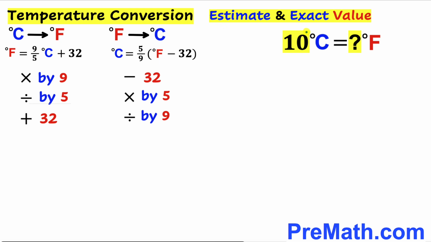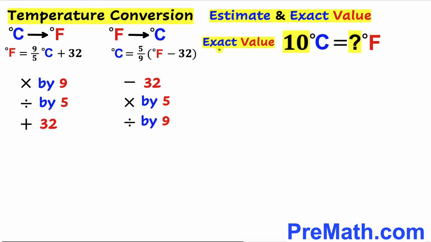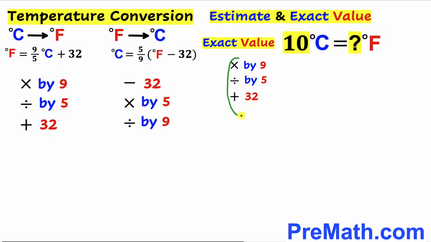And here's our very first example. If we have 10 degrees Celsius, we are going to find the value of degrees Fahrenheit. And now we are going to calculate the exact value first. And these are the steps we are going to follow. The very first step is this number, degree Celsius times 9, is going to give us 90.